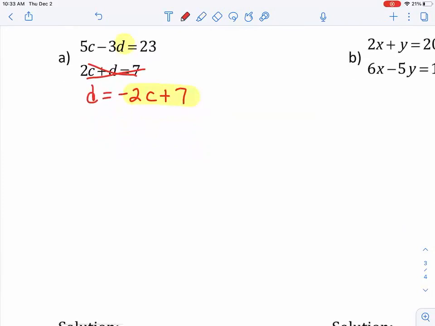And so I'll write the top equation as 5c minus 3, and now instead of writing d, I'm going to write -2c plus 7. And that is equal to 23.